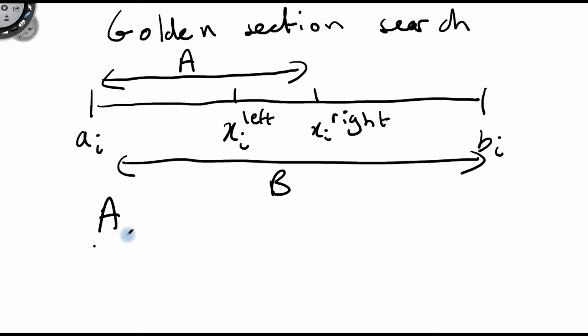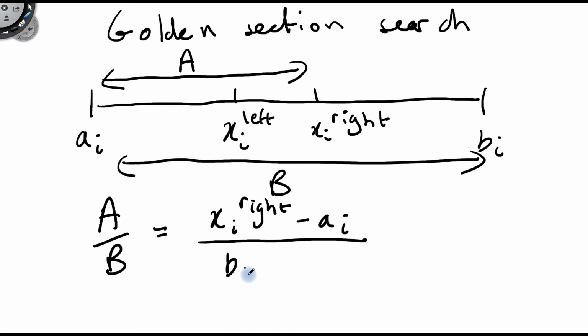So A on B is simply x_i right minus A_i on the full domain, which is B_i minus A_i.